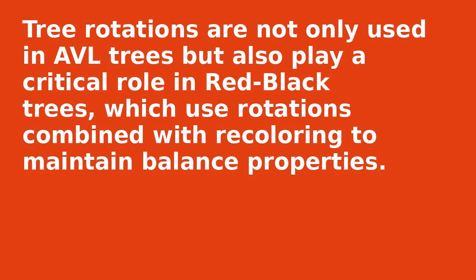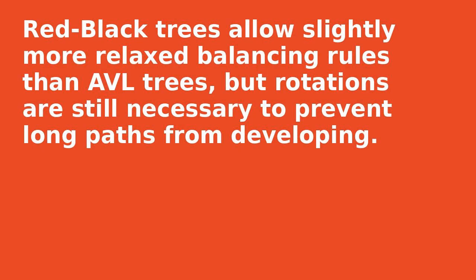Tree rotations are not only used in AVL trees but also play a critical role in red-black trees, which use rotations combined with recoloring to maintain balance properties. Red-black trees allow slightly more relaxed balancing rules than AVL trees, but rotations are still necessary to prevent long paths from developing.